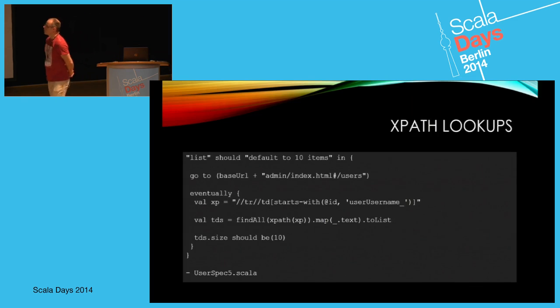So how we're doing that is we're searching for TDs with an ID of username, which starts with username, and we're counting all of the TRs that are associated with those TDs. Now it's quite fragile, this sort of testing with the XPath, but if that's all you've got, that's all you've got.